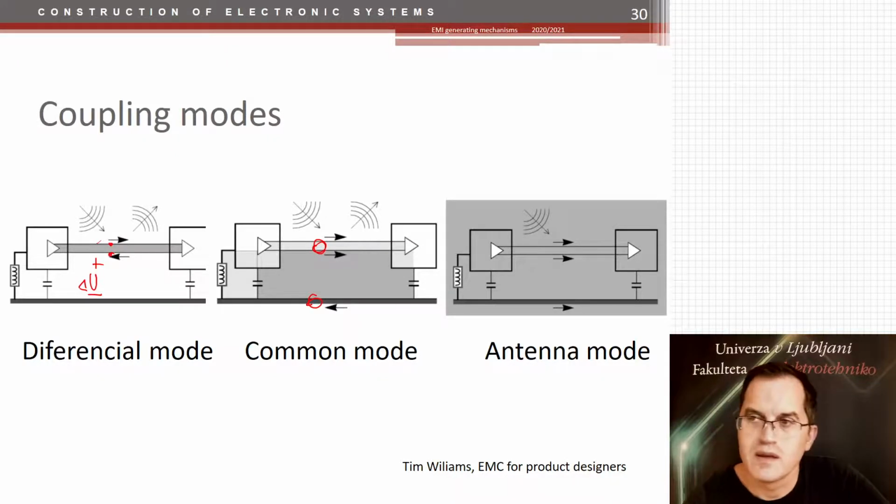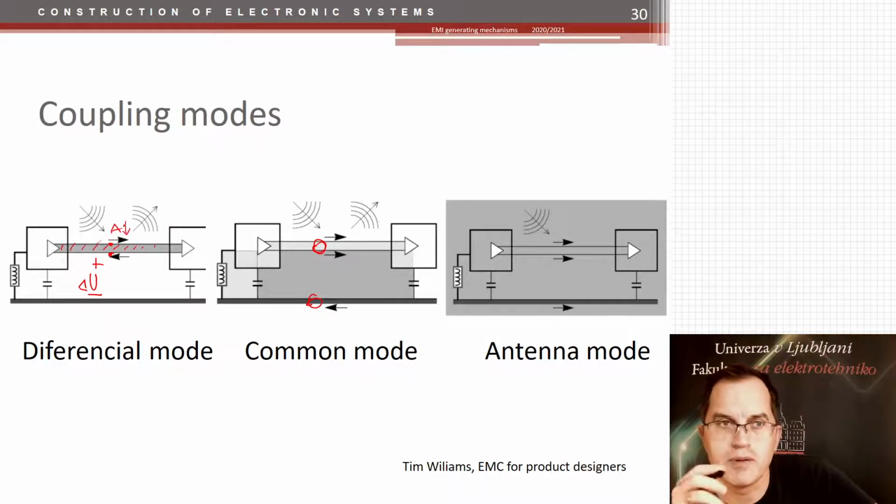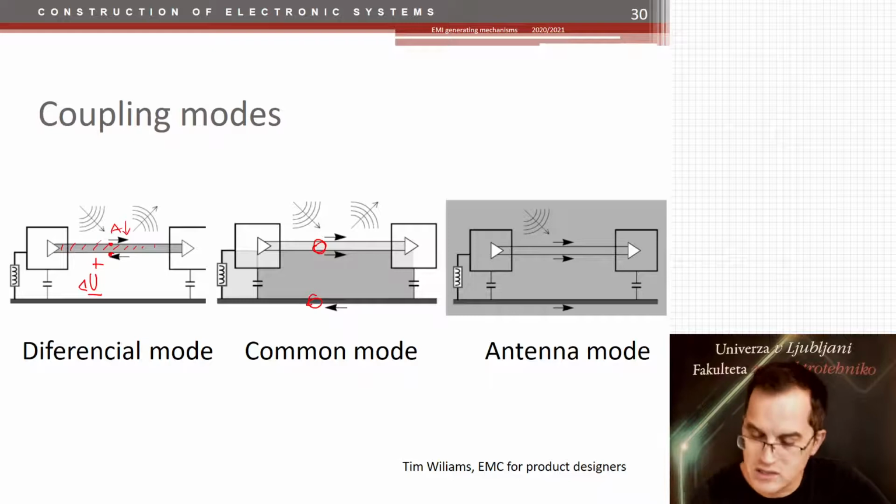Now, still there is a problem if the noise couples differentially. But the area of that loop, if you keep it really, really small, then the noise will not couple much. So if the noise couples like that, it will only affect the common mode part.